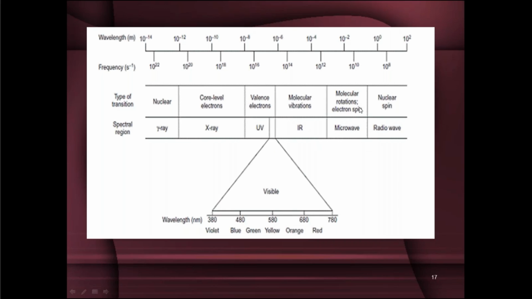And if it's microwave, it's the molecular rotations or the electron spin. And if it is radio waves, then it is nuclear spin. Because lesser energy can bring about only so much, whereas with gamma rays, the nucleus itself undergoes energy transitions. Here it is the spin which will get affected.